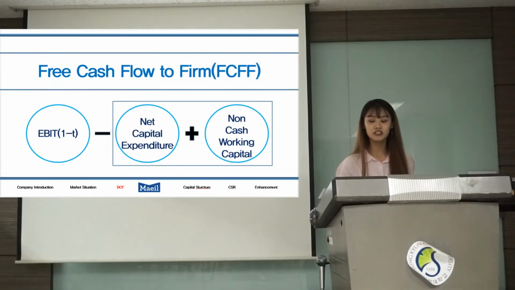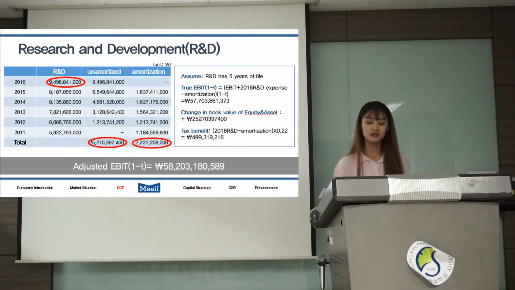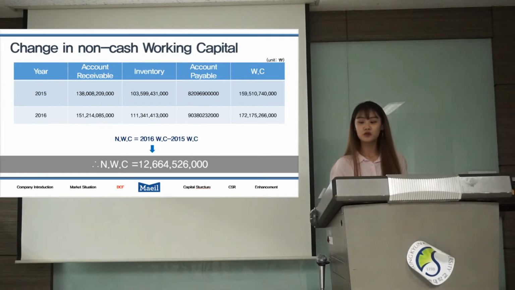FCFF equals after-tax EBIT minus net capital expenditures minus change in working capital. We simply got the EBIT from Maeil's income statement, and we adjusted EBIT by capitalizing R&D expenditures. Capitalized R&D expenditures are assumed to be amortized by the straight-line method over 5 years. Change in working capital is about 12.7 billion.